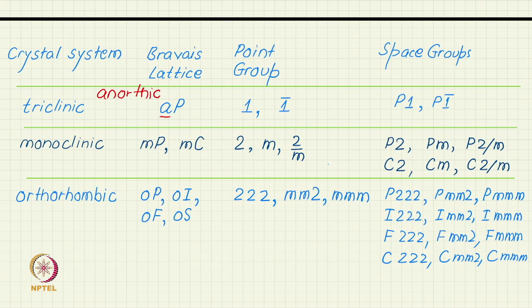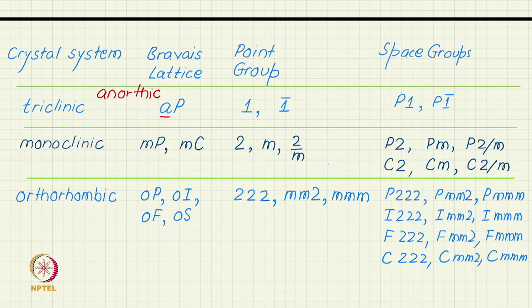So, here is orthorhombic. You can see in orthorhombic we know that there are 4 lattices: primitive, body centered, face centered and end centered.